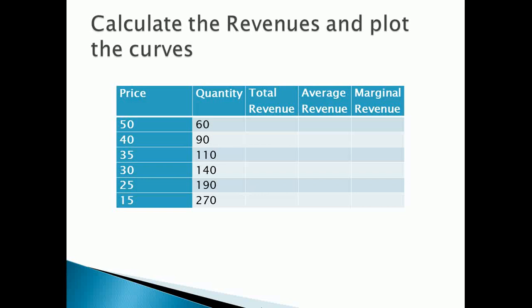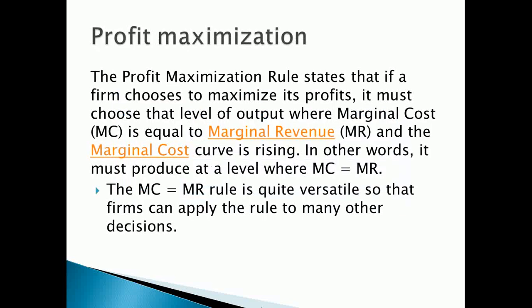And we will see that all through, MR is below MC. The profit maximization rule states that if a firm chooses to maximize its profit, it must choose that level of output where MC is equal to MR, and the MC curve continues to rise. So this is what has been depicted using the graph.